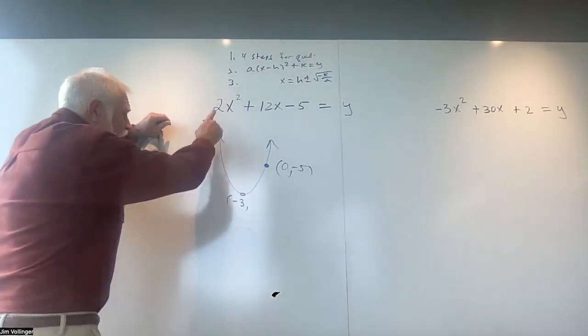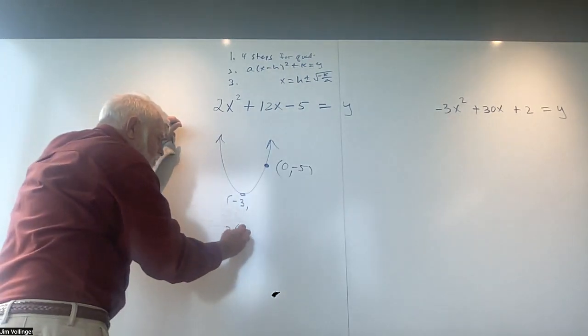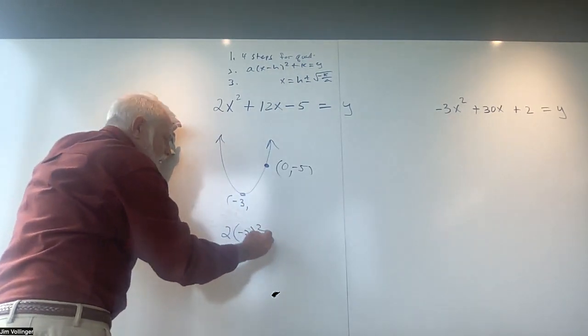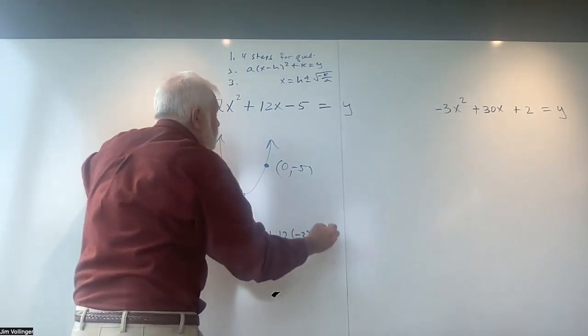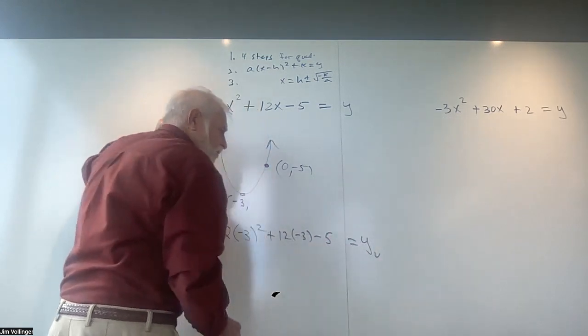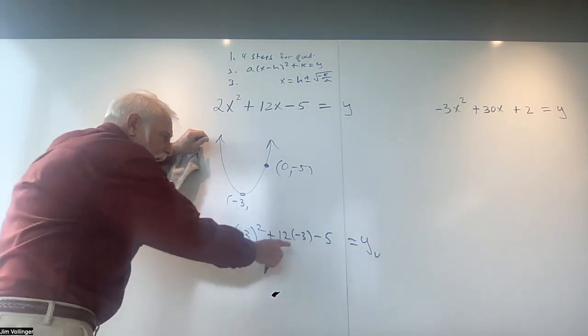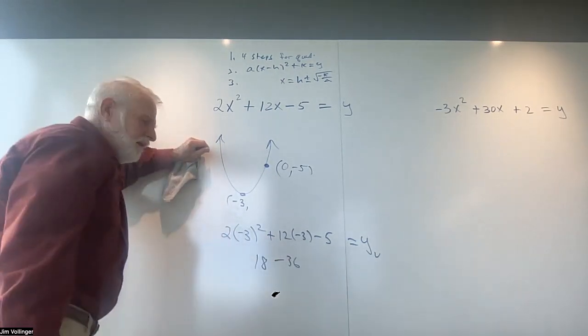Step 4 is plugging -3 into the equation to get my y value: 2 times (-3) squared plus 12 times -3 minus 5. That is the y value of the vertex. I put a little v down there. All right, that's -36. If this isn't 18 over here, I've made a mistake.